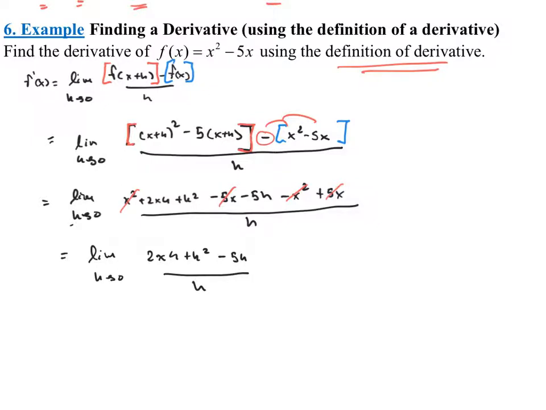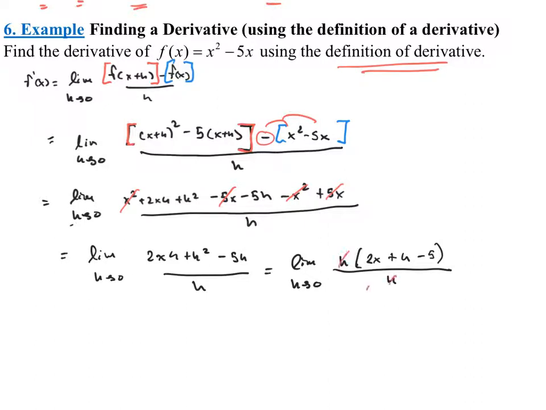Well, I notice that I'm able to factor out an h there. If I'm able to factor out an h in the numerator, and you must factor it first before you simplify, 2xh divided by h is 2x. H squared divided by h is just h. Minus 5h divided by h would be a minus 5. So there would be the factored version of the numerator, h times the quantity 2x plus h minus 5. All of that's over h.